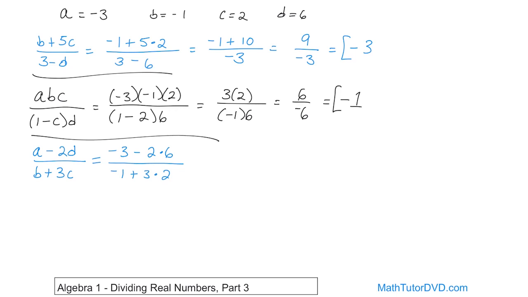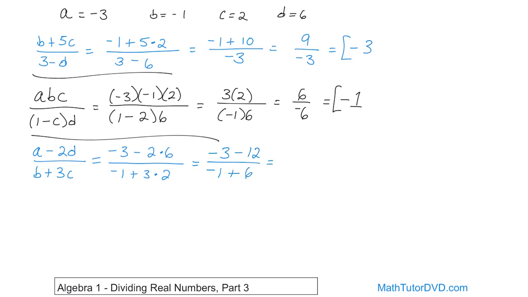Now again, you have invisible parentheses around this and around this, so we have to simplify the top completely. We have subtraction, but we also have multiplication. The multiplication always comes first. So negative 3, then we have minus 2 times 6 is 12. All right? And then on the bottom, you'll have negative 1 plus 3 times 2 is 6, positive 6.